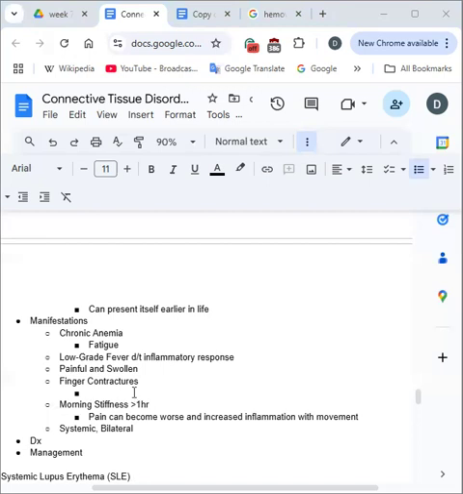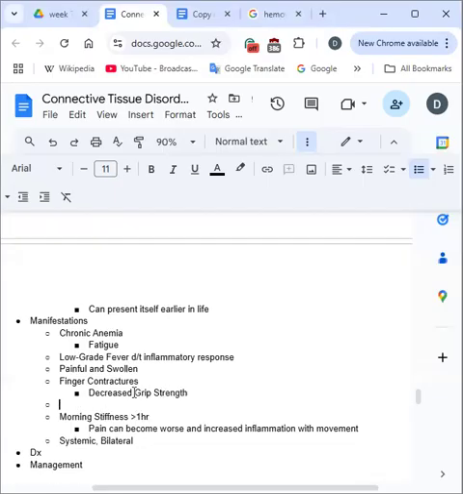Finger contraction, so we're gonna decrease. And then the joints are gonna be warm because of inflammation. So really just hammering in the key thing: this is inflammatory, while osteoarthritis is wear and tear.